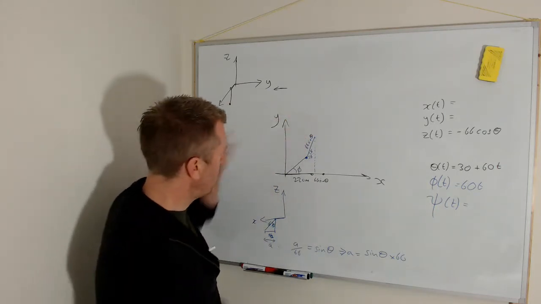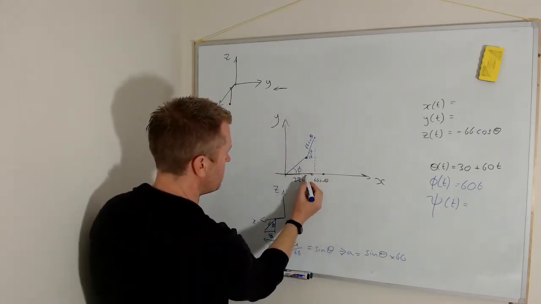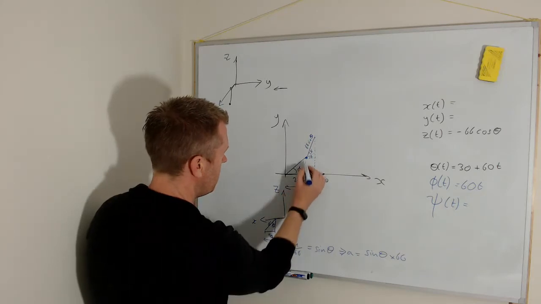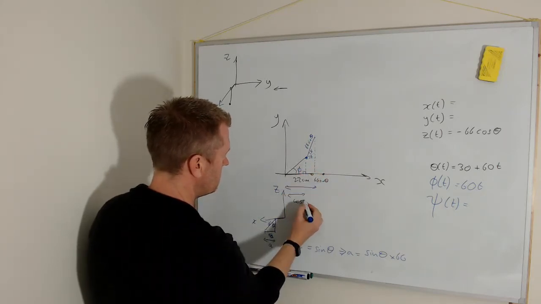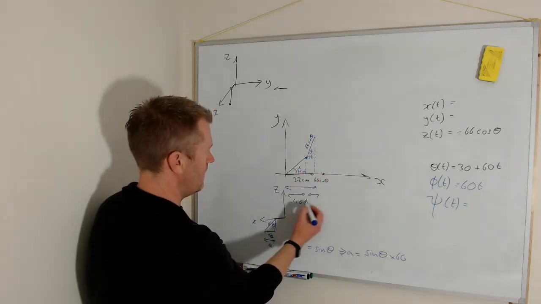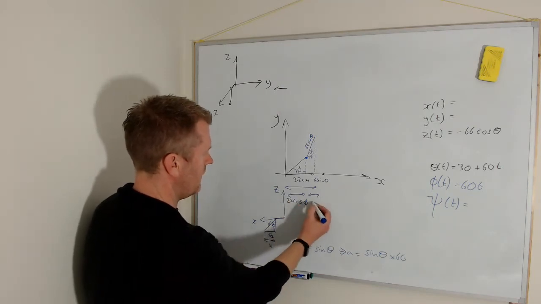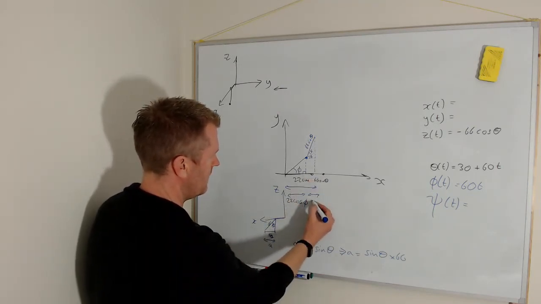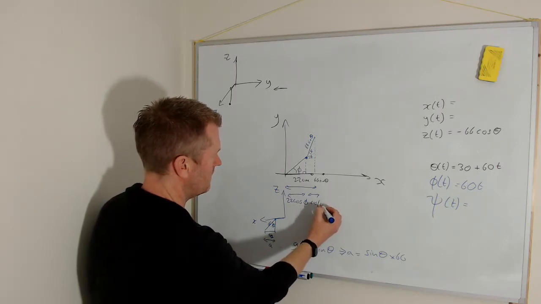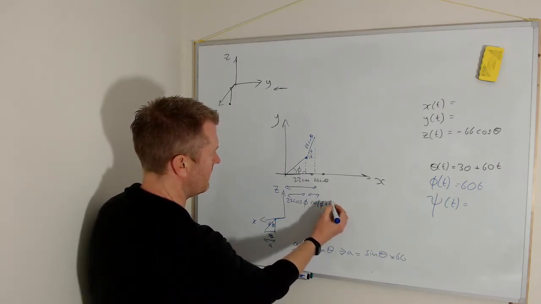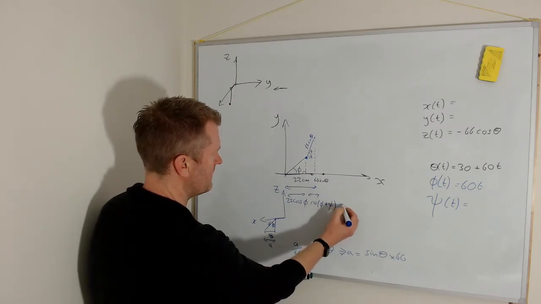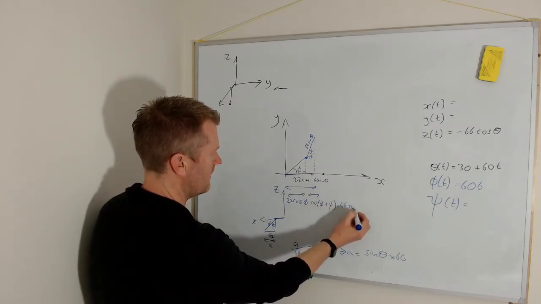So this distance here, this x coordinate, is cos phi times 22, and this bit is cos of phi plus psi times 66 sine theta.